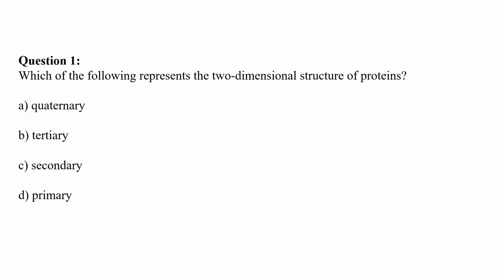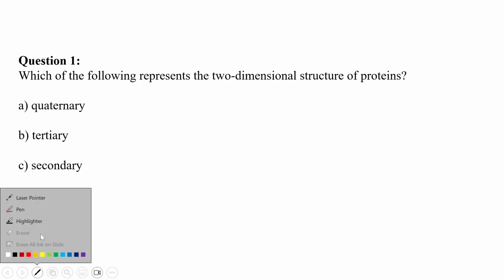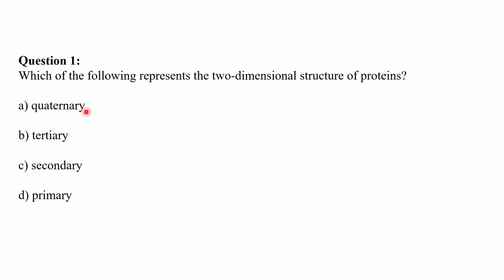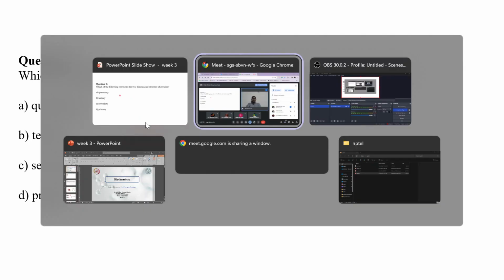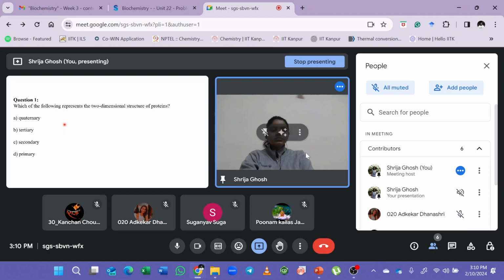Okay, so starting with question number 1: which of the following represents the two-dimensional structure of the protein? Option A quaternary, option B tertiary, option C is secondary, and option D is primary. Does anyone know the answer?